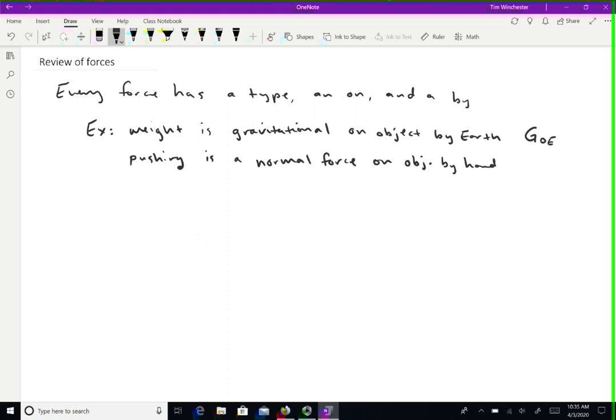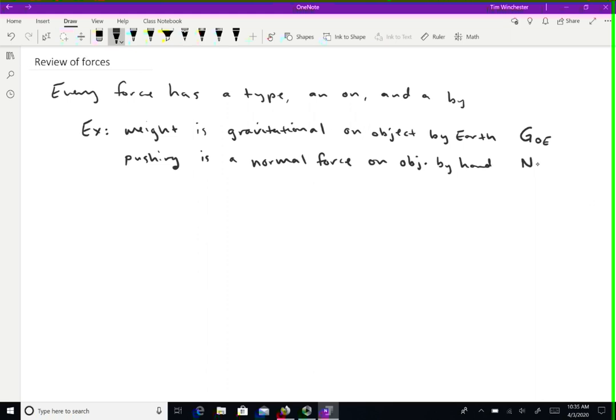So I would label that one normal force on the object by the hand. Sometimes people get a little confused about normal forces and think that they're associated with gravity or something like that. But remember, a normal force is just an ordinary pushing force.